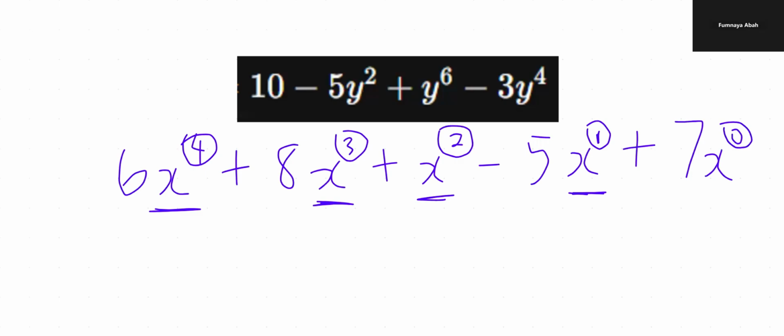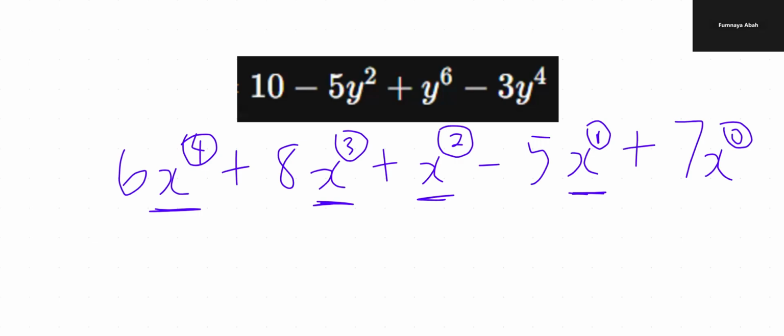This is a common practice that we want to deploy when working with polynomials. Even though it's not necessary, it is advised that we write polynomials in descending order for the sake of clarity, so that we're not missing any terms in the expression.